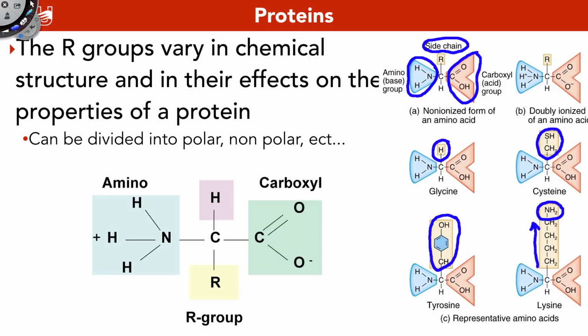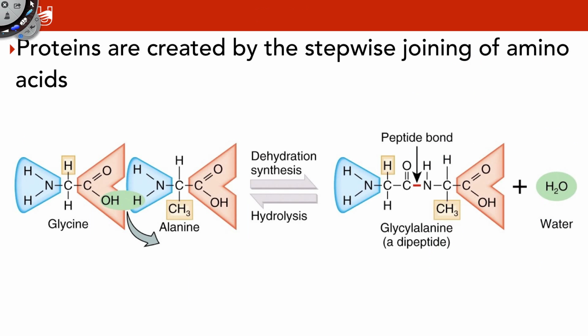And because a protein is many amino acids connected to one another, these R groups, or these side chains, also give a protein its characteristics. Why a protein takes on the shapes that it does all goes back to what side chains we have. Now, how are we going to connect these? Remember, I've said that amino acids are like links, and then all those links together are a chain.